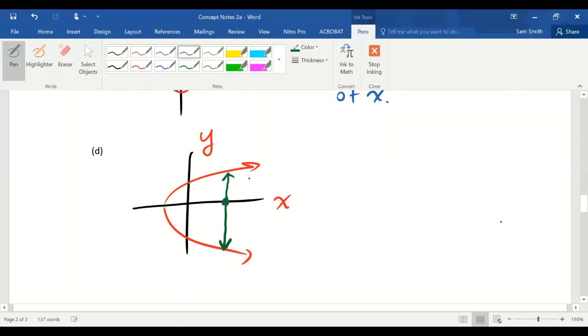This particular x is associated with two y's, one positive and one negative. And because of that, because there are two y's corresponding to this single x value, I would have to say no, y is not a function of x.